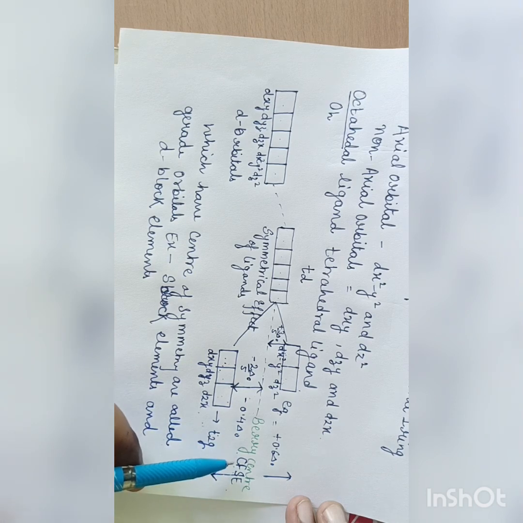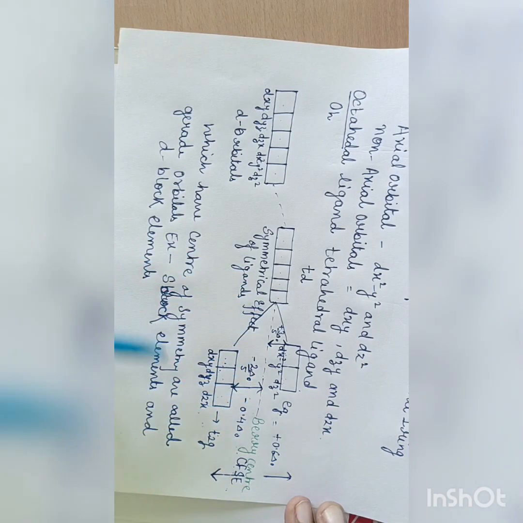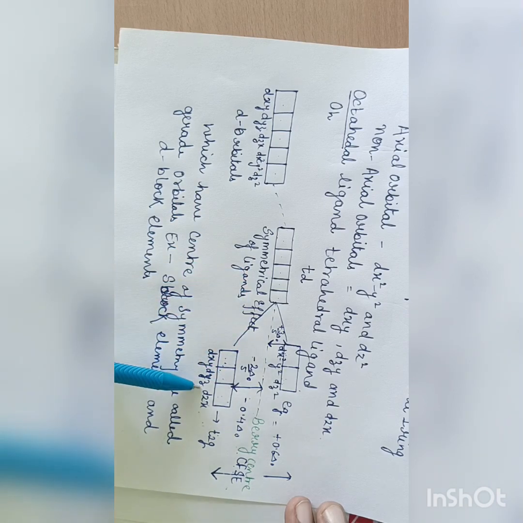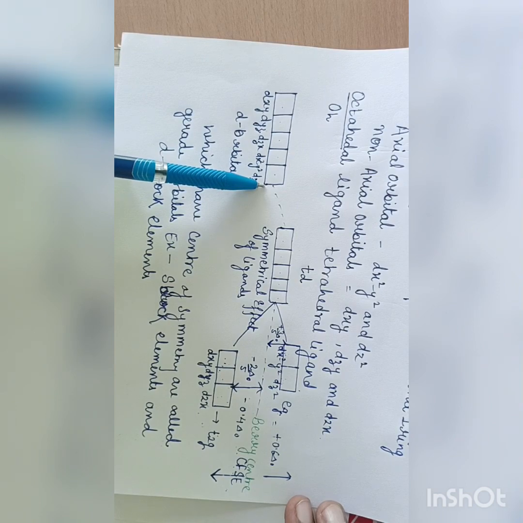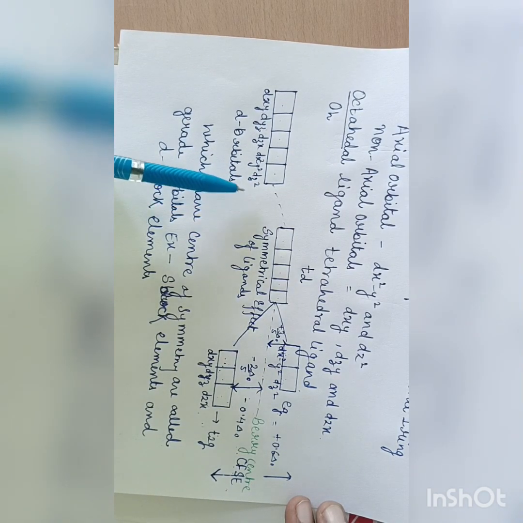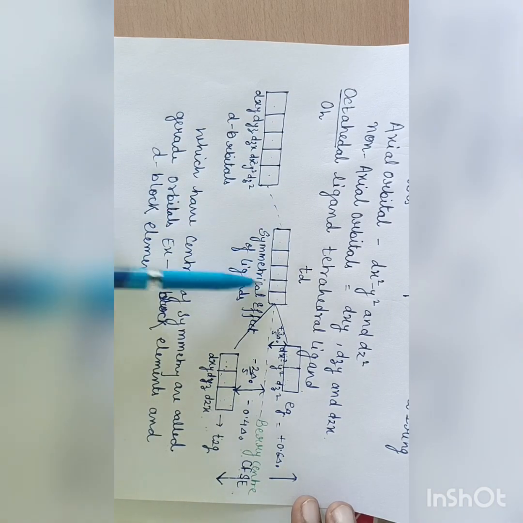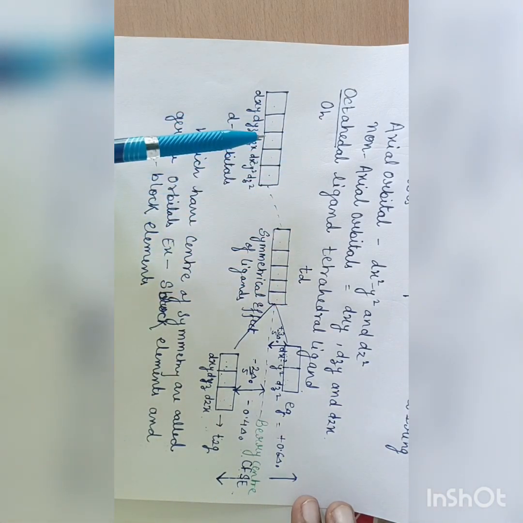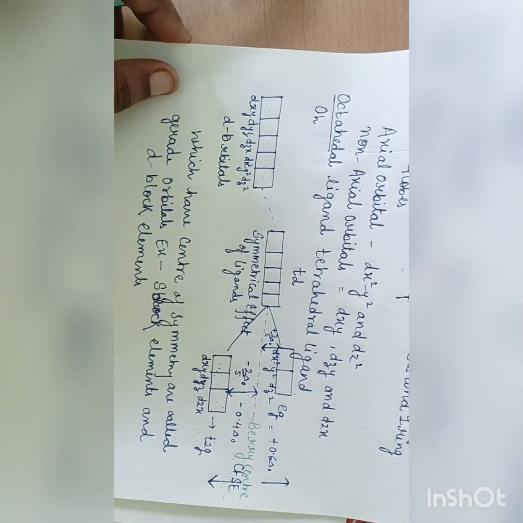Also, this is crystal field splitting energy. So this complete representation of orbitals is for the octahedral ligands, when the 6 ligands are attached with the metal. So this is for octahedral ligands.